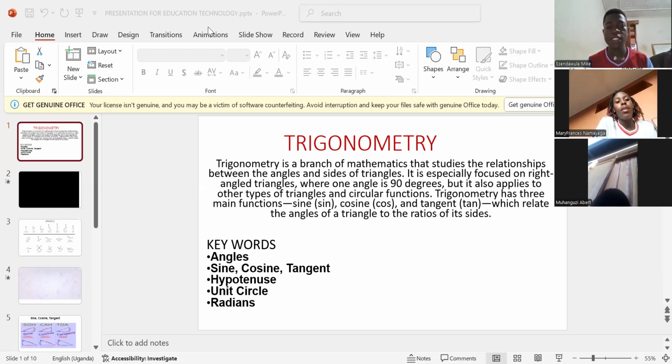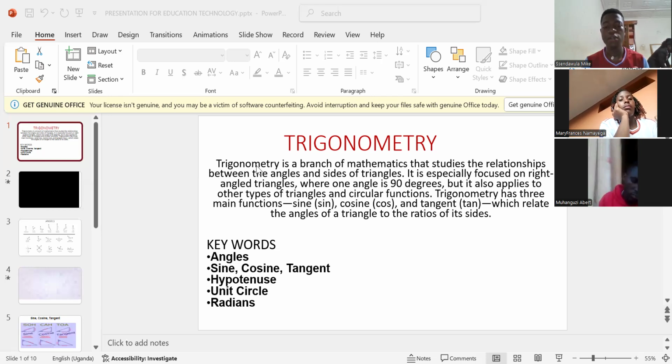Okay, that is trigonometry. Trigonometry encompasses quite a number of subtopics, and we have the key subtopics: the cosine, the sine, and also the tangent. Those, in brief, are the major ones.